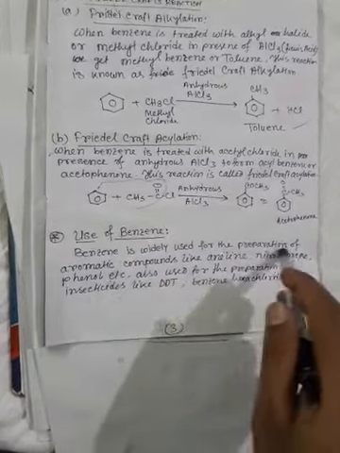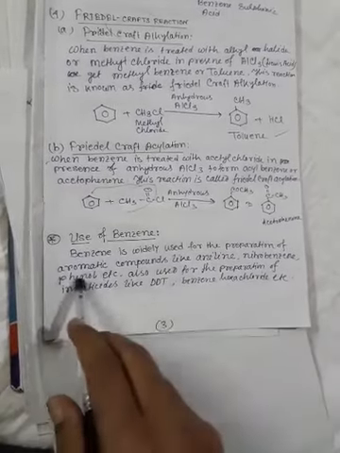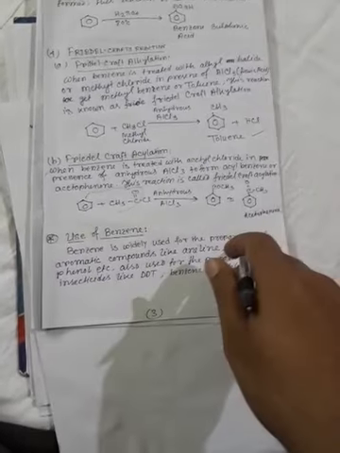Benzene is widely used for the preparation of various compounds like aniline, nitrobenzene, phenol, and also insecticides like DDT and benzene hexachloride, etc.